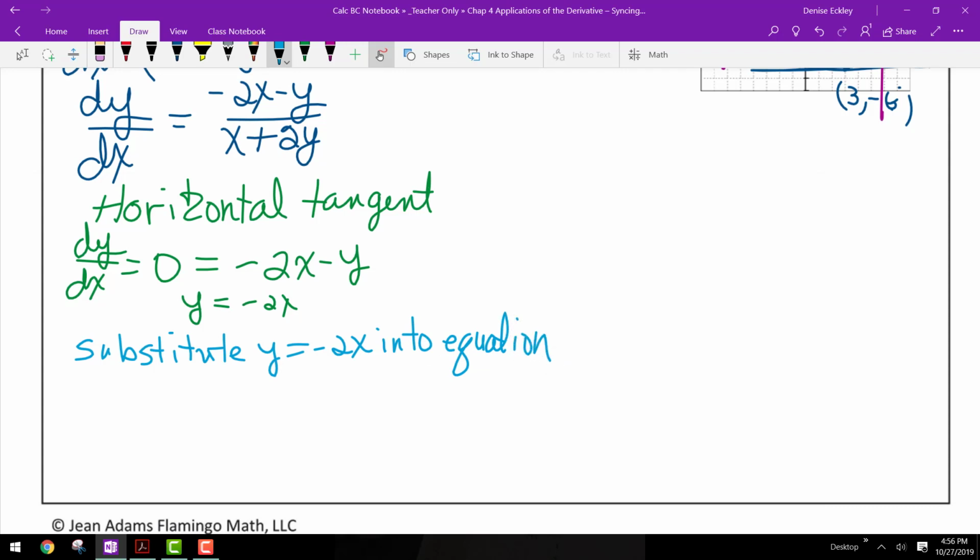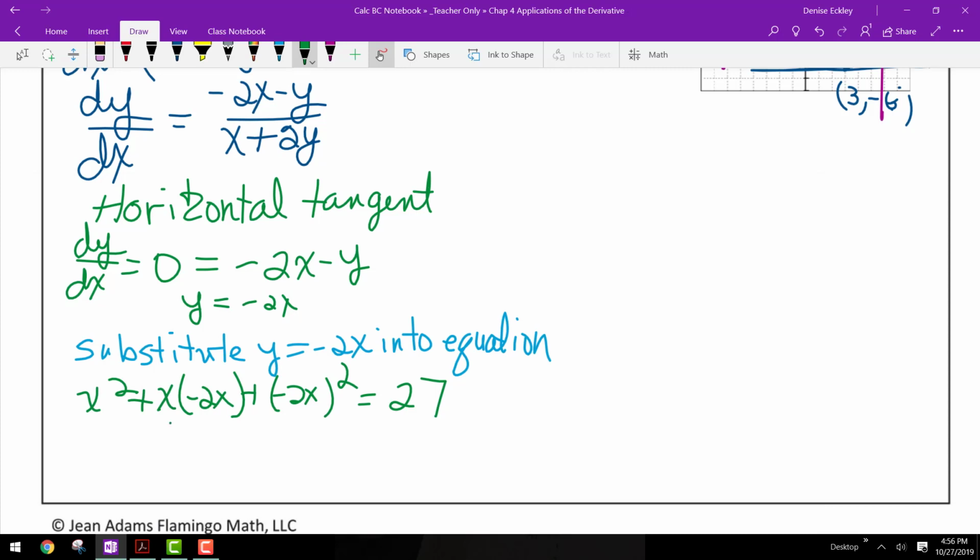So we have x squared plus x times negative 2x plus negative 2x squared equals 27. Simplifying this, we get 3x squared minus 27 equals 0, so x squared minus 9 equals 0. So we have our x values at 3 and negative 3, which is exactly what we predicted on the graph.